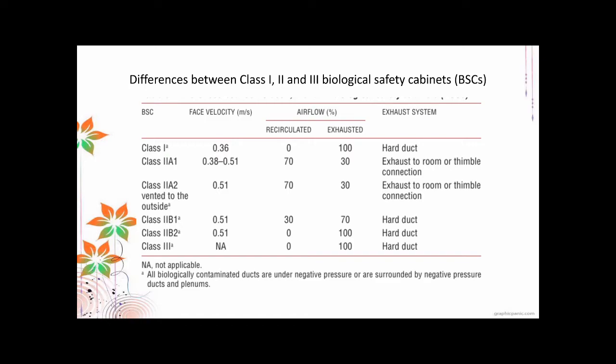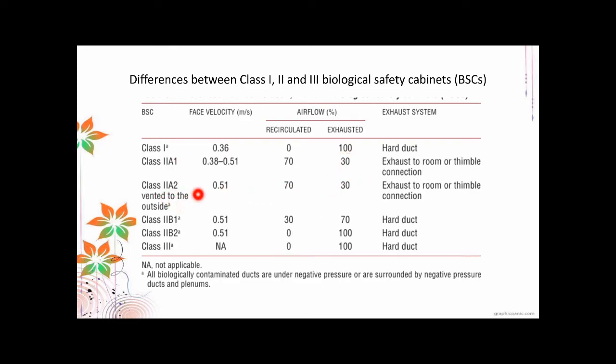So those are some of the differences among the class 1, 2, and 3 biosafety cabinets. In a class 1, there is basically no recirculated air, because most of the air is ambient air, and all of it is exhausted. In a class 2 A1, 70% of the air is recirculated and 30% goes through the exhaust.